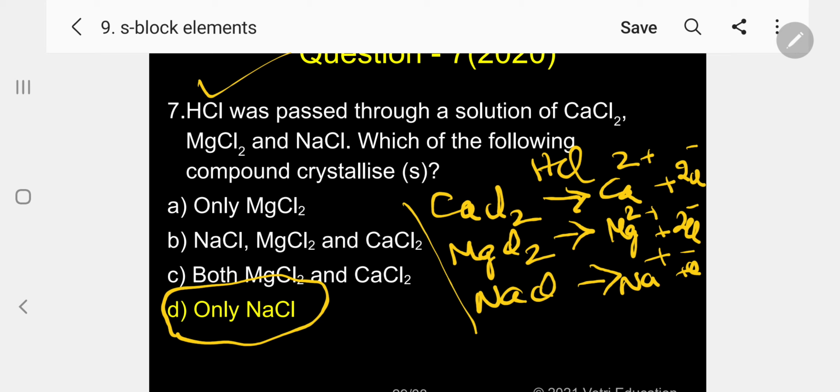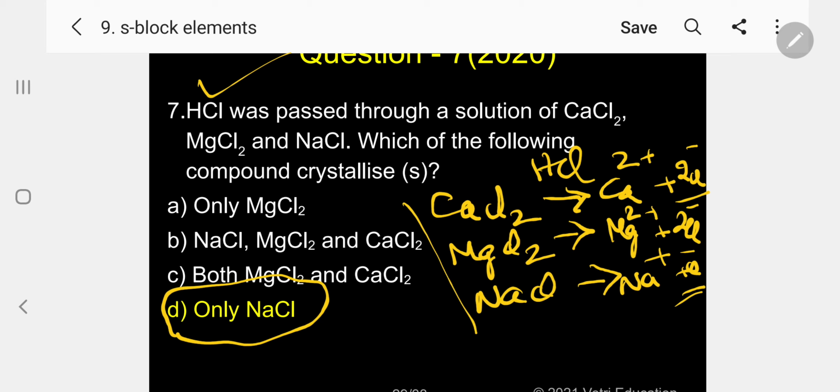The common factor is Cl minus. Assuming there is an equilibrium, calcium chloride is a strong electrolyte and magnesium chloride is partially ionic. Here it is 2Cl, here 2Cl, and here only 1Cl.